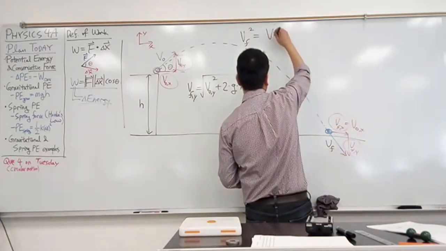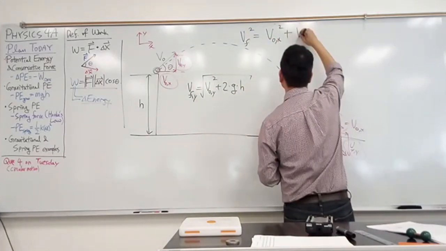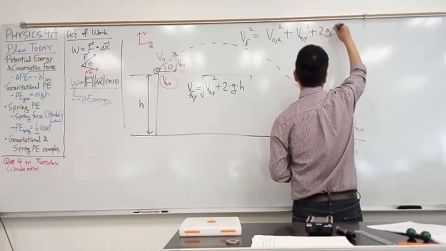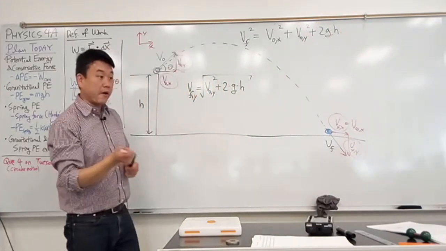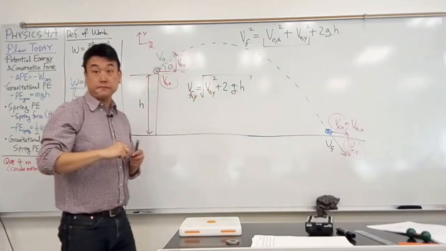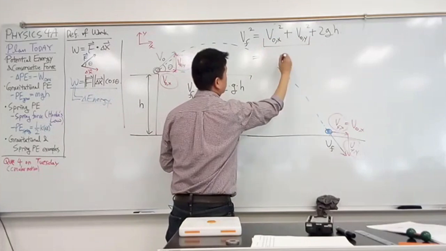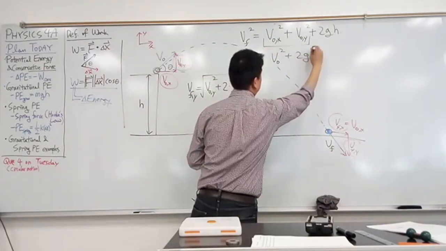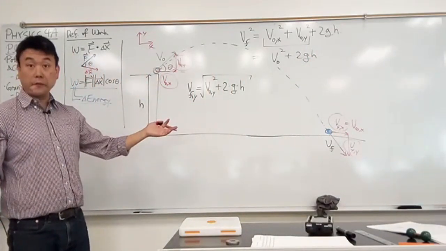So it's going to be V naught x squared plus this thing squared: V naught y squared plus 2gh. Now, if you recognize this, you can write it down even simpler. You can write it as V initial squared plus 2gh. Right? This is based on kinematics alone.